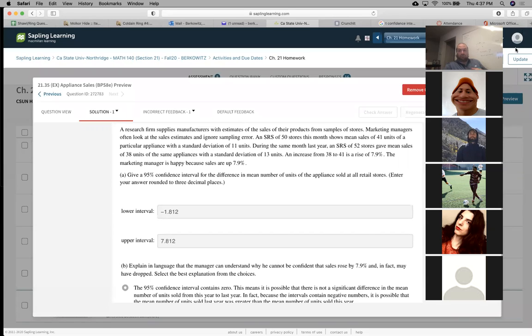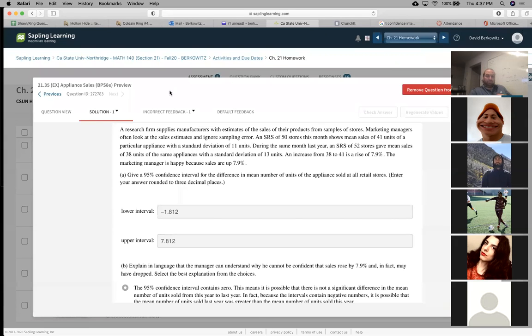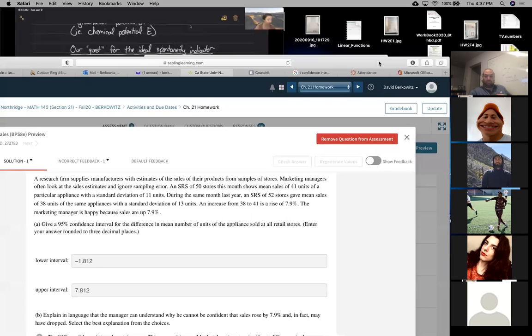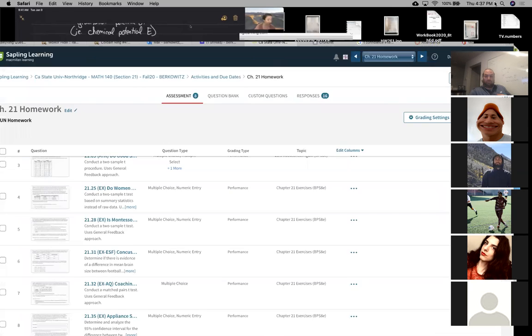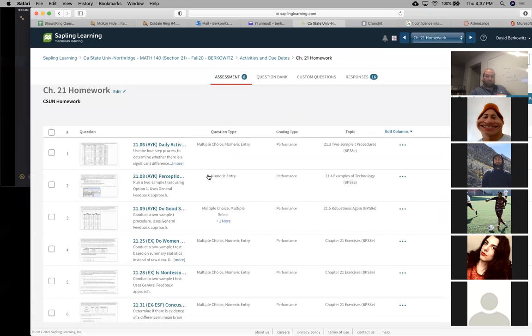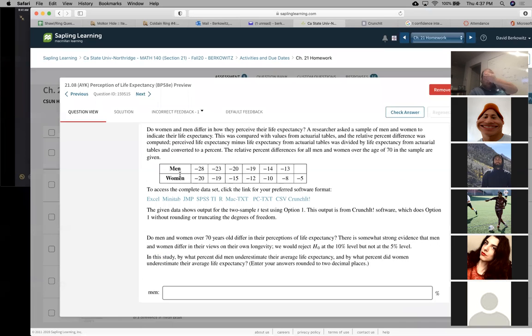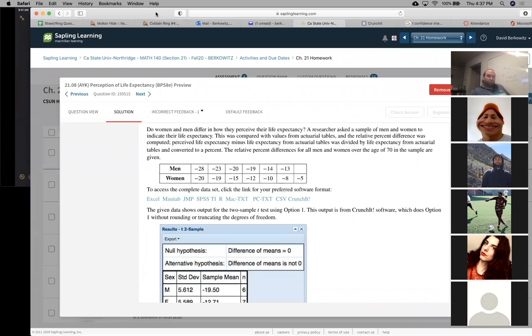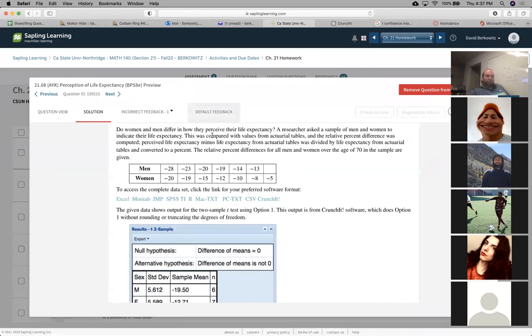Can we do number 2? Oh yeah. Do women and men differ in how they perceive their life expectancy? A researcher asked a sample of men and women to indicate their life expectancy.